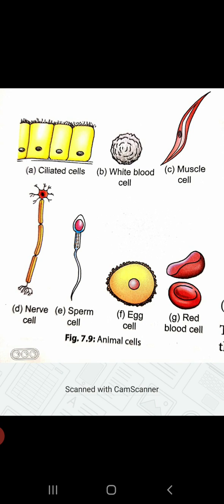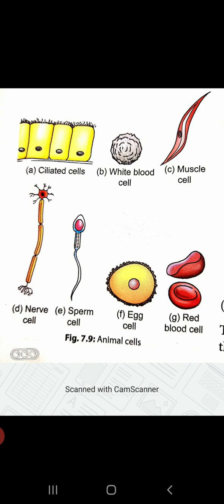So the cells have different shapes. For example, amoeba, which is a unicellular organism, is irregular in shape. Then the egg cell here, do we see the egg cell? Yeah, it is round in shape.